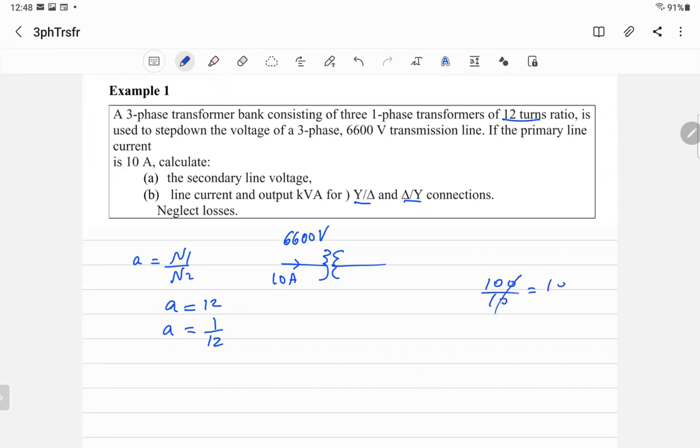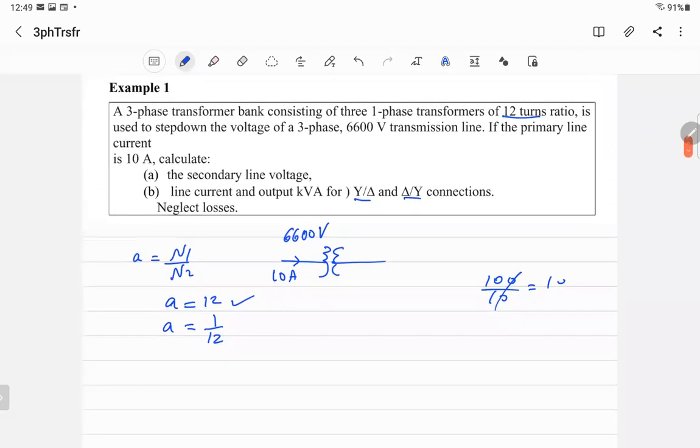So A is a big number when you have step down, a fraction if step up. So put this in your mind, according to A equal to N1 over N2. You got it? All right. So according to this one, it's step down. So is it 12 or 1 over 12? 12. That's the first trick. If you don't understand it, tell me and I will repeat again what I said. You got it? All right. So A is equal to 12.